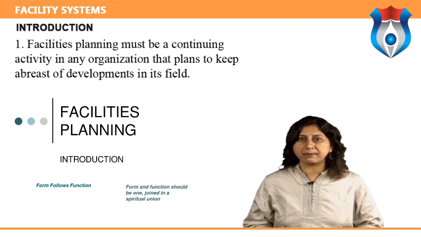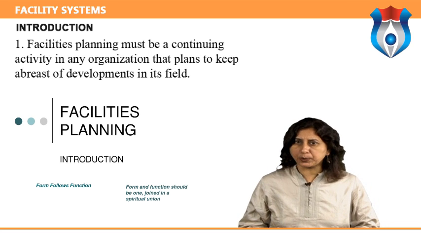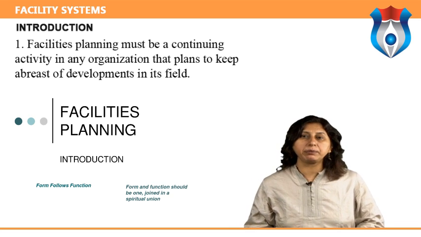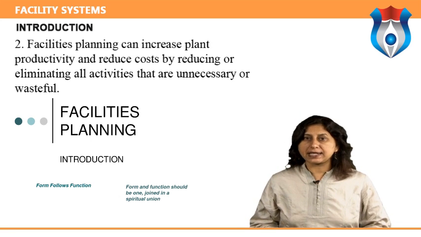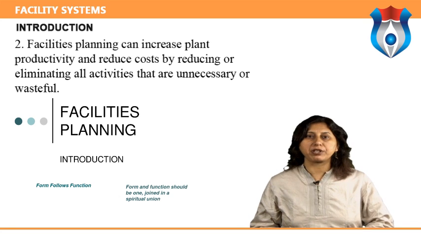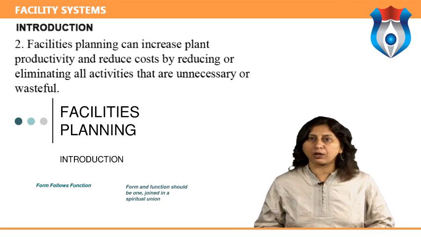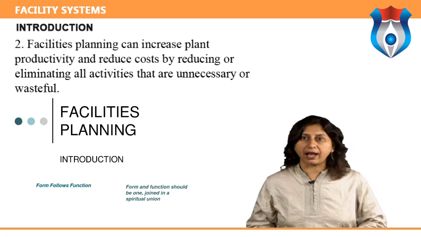Productivity improvements must be realized as quickly as they become available for implementation. Facilities planning can increase plant productivity and reduce costs by reducing or eliminating all activities that are unnecessary or wasteful.